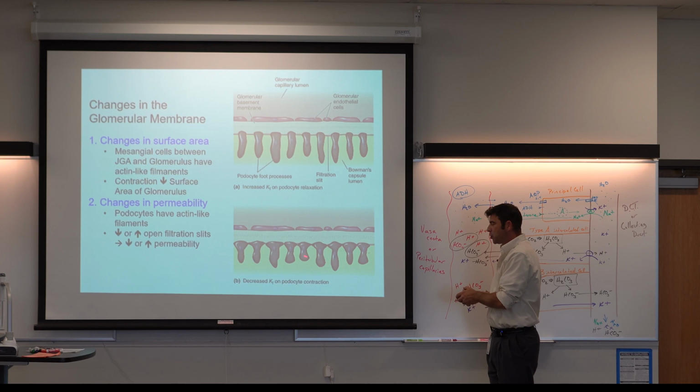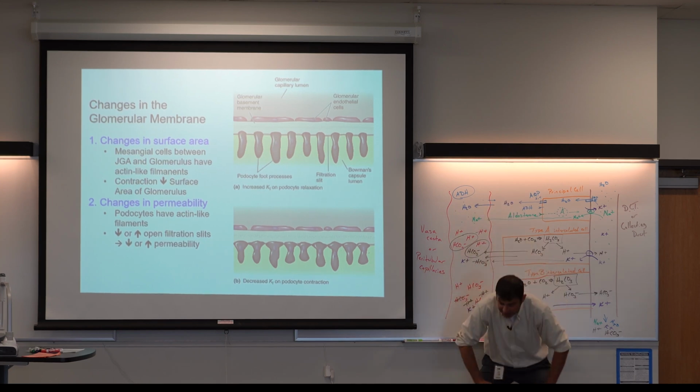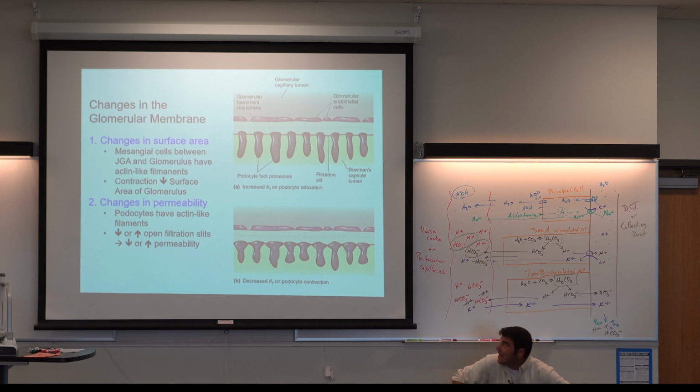This bottom picture shows that those podocytes have actin and myosin filaments in there, and they can contract. If they contract, instead of standing straight up, it's like they squat down and widen out. So you can see in this bottom picture, those podocytes have widened out, and when they do that, they close off those filtration slits.